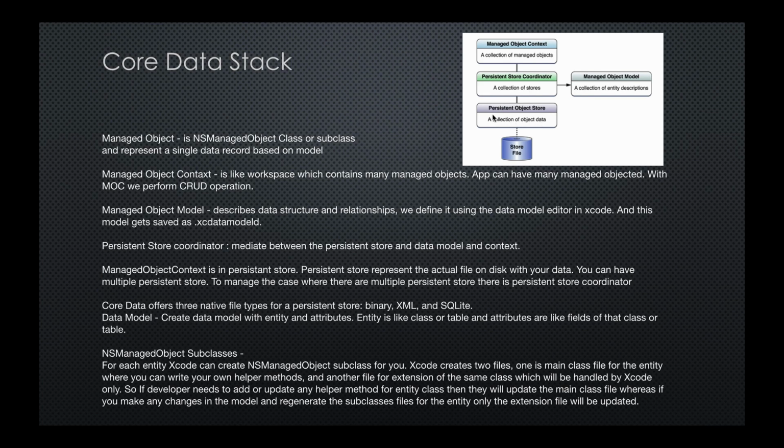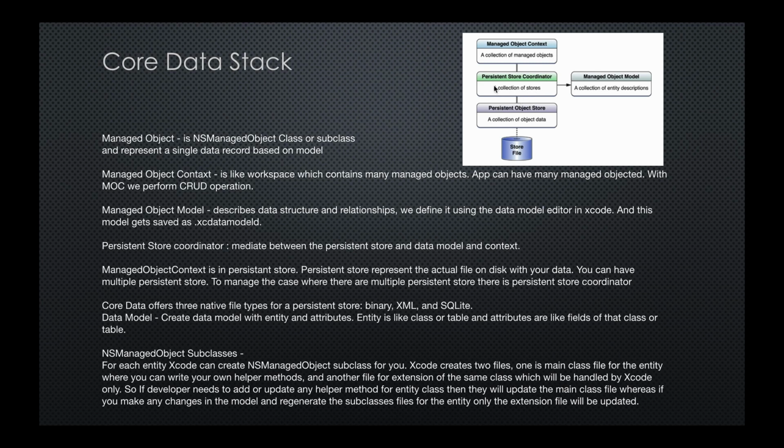Mostly in most cases it will be SQLite, and for complex projects you can have a collection of persistent stores of different types. And that collection of persistent stores needs to be managed. Sorry, I'm babbling.